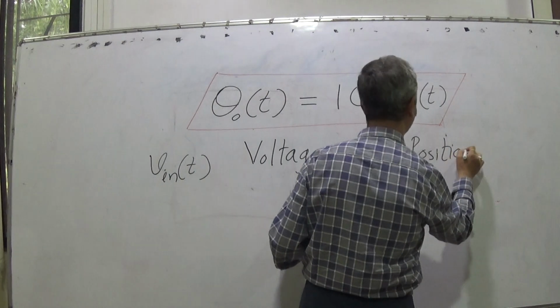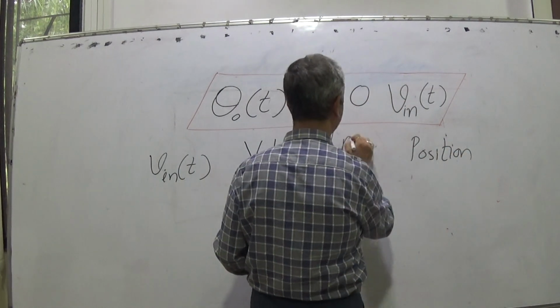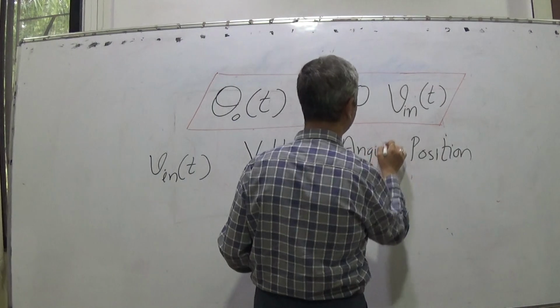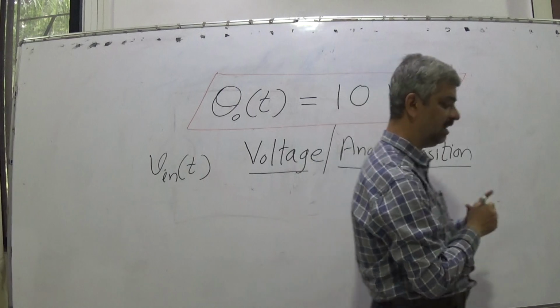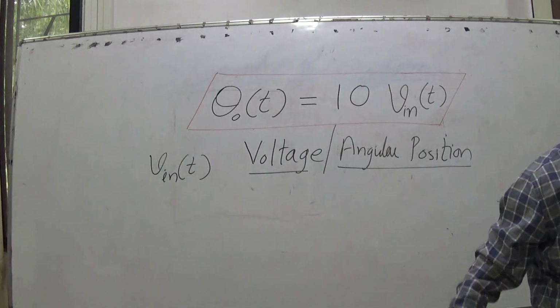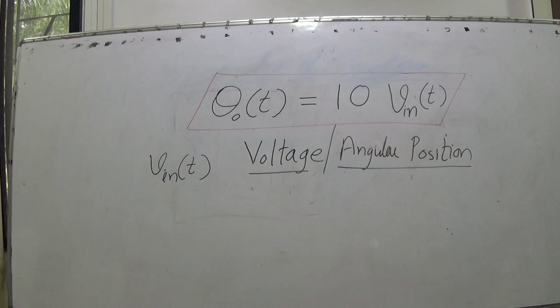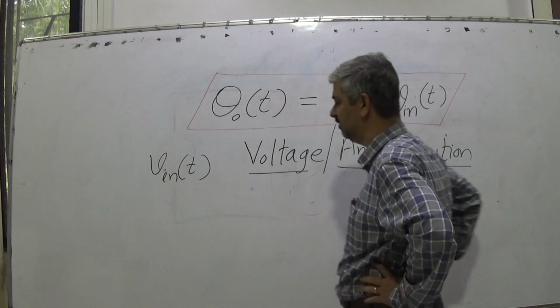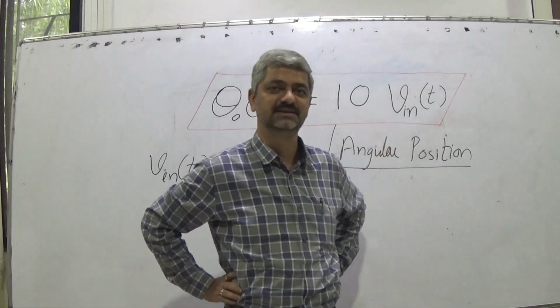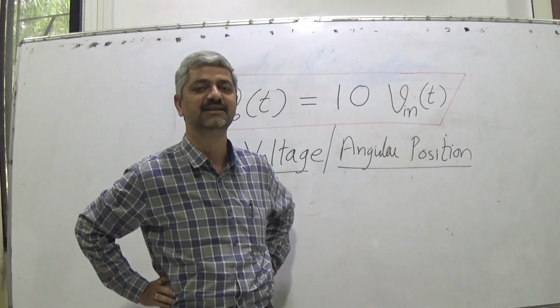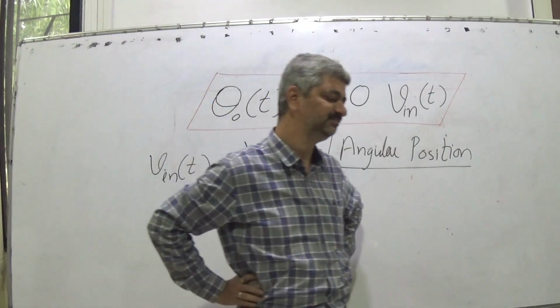So as to make it very clear, I say output is an angular position. This means a voltmeter system to which input signal is voltage signal, output signal is angular position signal, and theta O T is equal to 10 into V in T is the system equation. This is signals and systems.